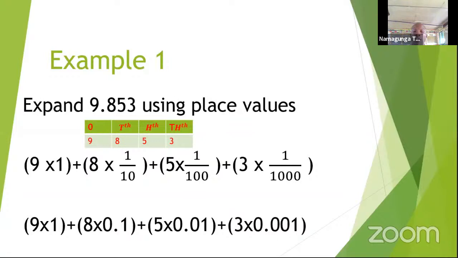Remember, 0.1 is the same as 1 out of 10. Then 5 times 1 out of 100, which is the same as 5 times 0.01. And then lastly, 3 times 1 out of 1,000, which is 3 times 0.001.